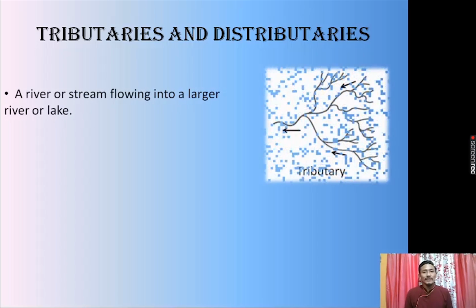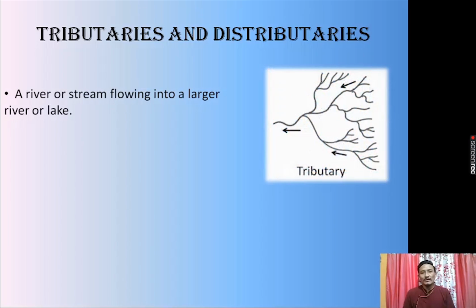In this particular diagram, you can see the main stream of a river, let's say the Ganga or Brahmaputra. In this region the volume of water is very intense or huge, and these small streams get connected to the main river.